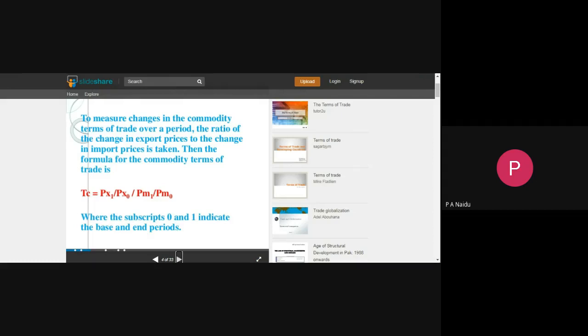So we have to take the prices of 1981 and 1991. The 1981 export prices we call the base year price, and the 1991 price we call the current year price. So Px1 is the current year's export price, Px naught means base year price, divided by Pm1 by Pm naught. This is the commodity terms of trade, where the subscript 0 refers to the base year and 1 refers to the current year or end period.